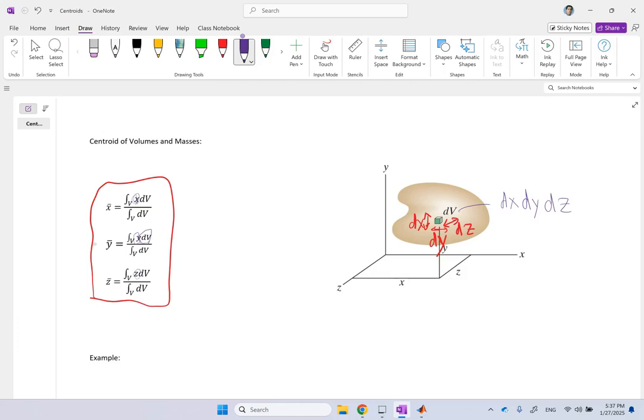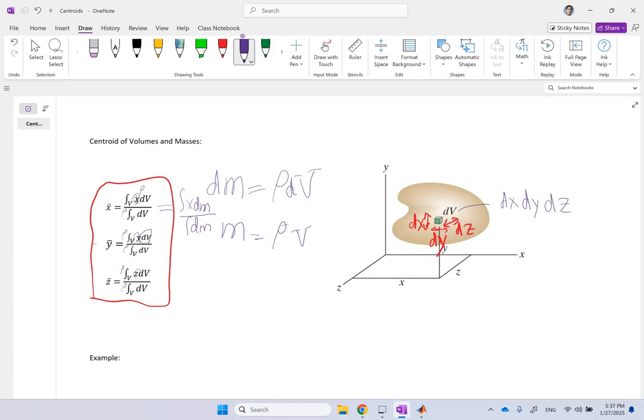Now, if the object is homogeneous, meaning for the entire object mass is density times volume, then the mass of that infinitesimal element, if rho is constant, is rho times dV, and m is rho times V. So all I need to do is multiply both numerator and denominator by rho. And then this is going to be the integral of x dm over the integral of dm.